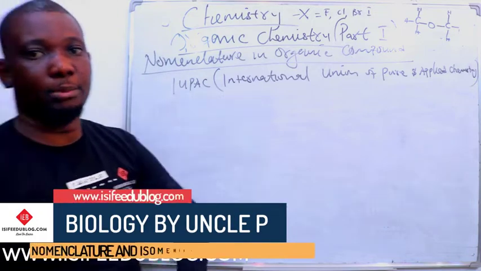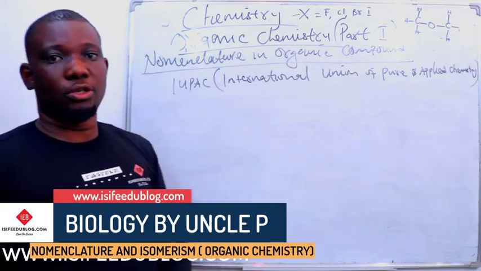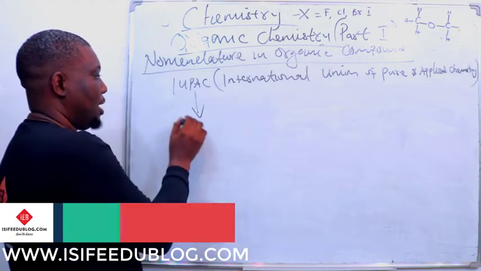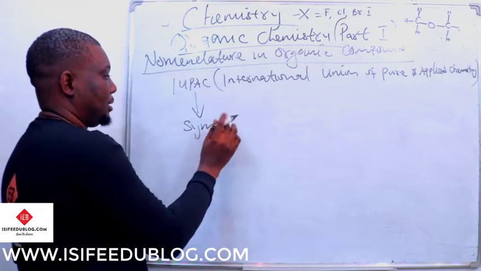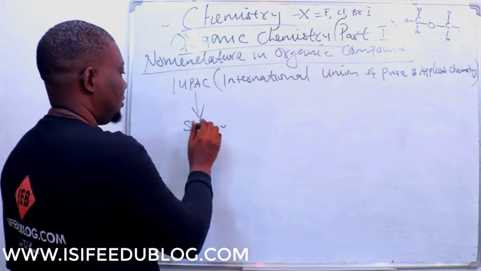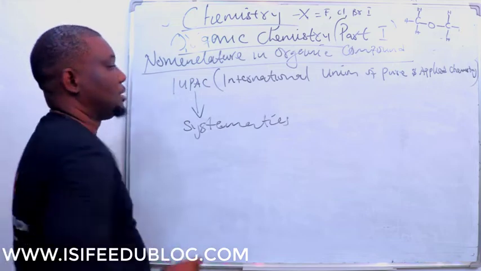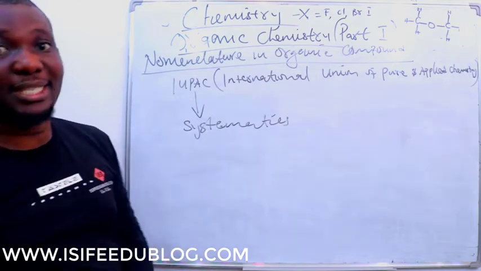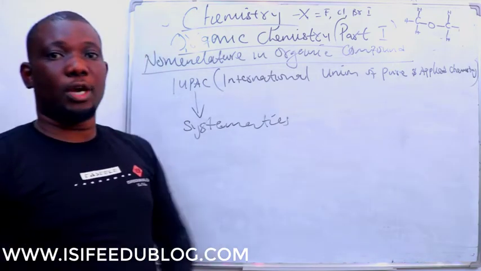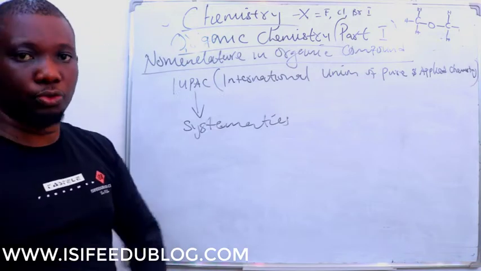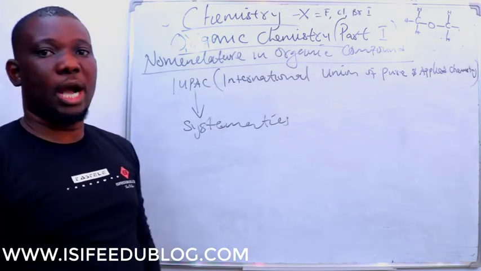So the correct name of an organic compound is also called the systematic name. If I don't want to call it the IUPAC name, I can call it systematic. So we're going to be looking at the rules of naming organic compounds.